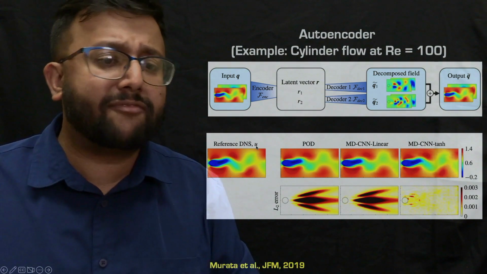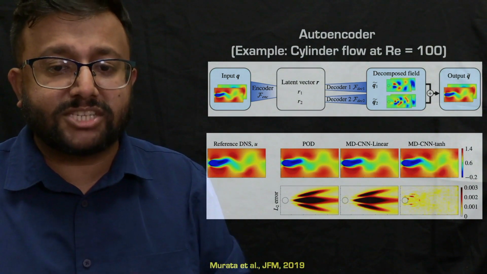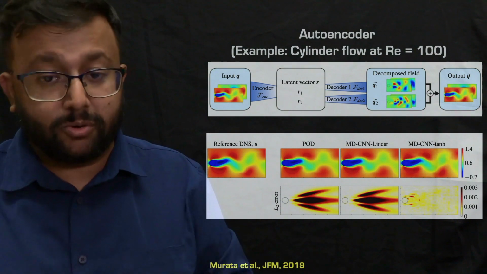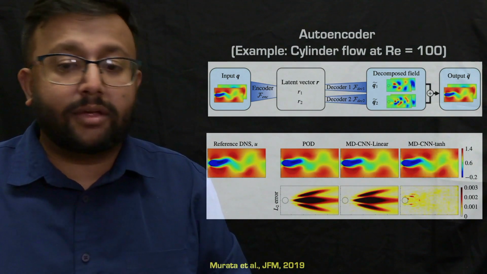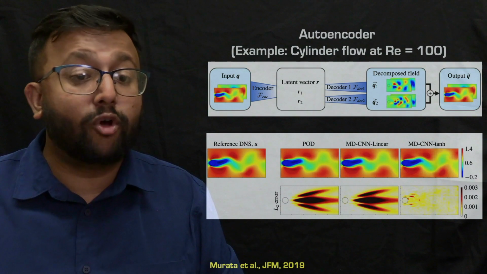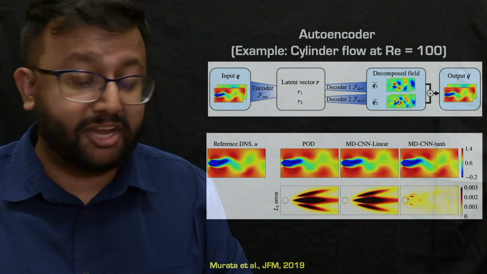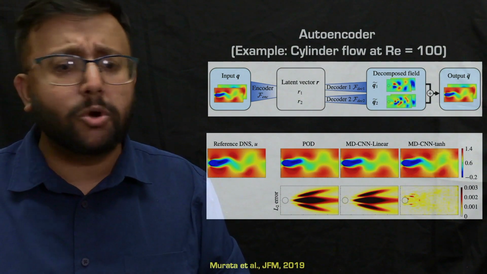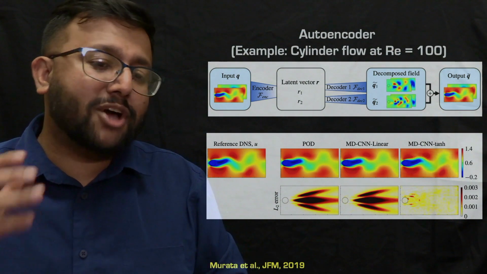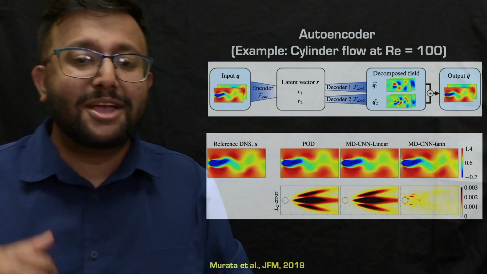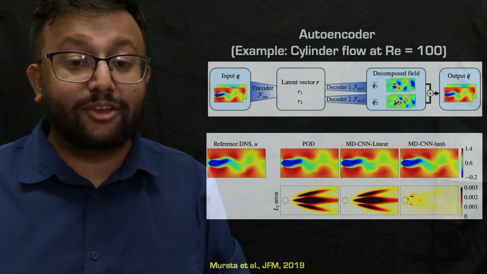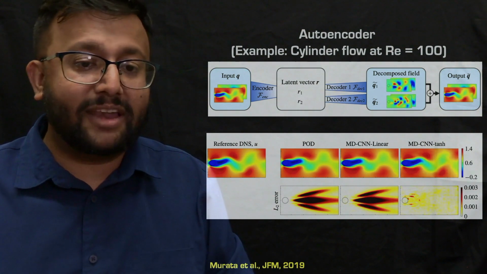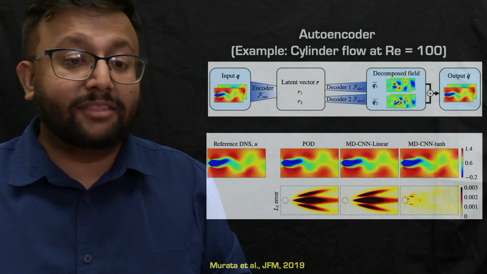The reference on the left is a direct numerical simulation snapshot. We also show the reconstructed flow field from applying proper orthogonal decomposition, right? We talked about proper orthogonal decomposition being equivalent to constructing using a linear neural network, and you can see that clearly in the third column.